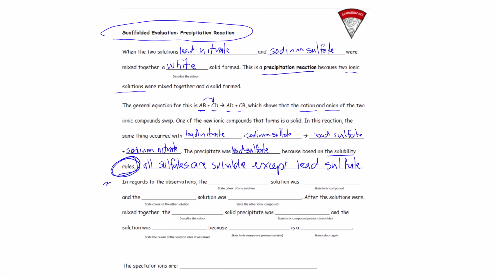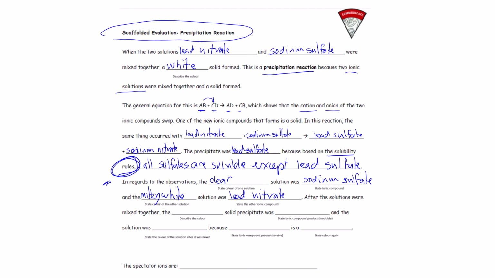In regards to the observations, the clear solution was sodium sulfate, and the milky white solution was lead nitrate.